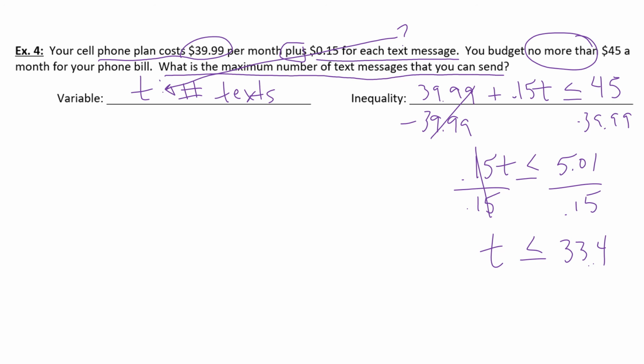Again, I'm not going to send 0.4 of a text, and because this is less than, I want to round down. So the number of texts that I can send has to be less than or equal to 33. Okay, so I can send 33 or less to stay within that $45 for my budget.